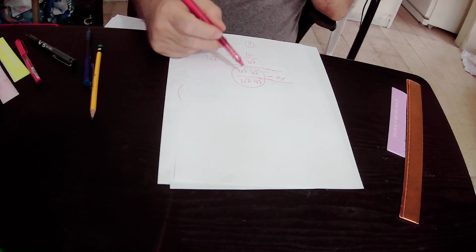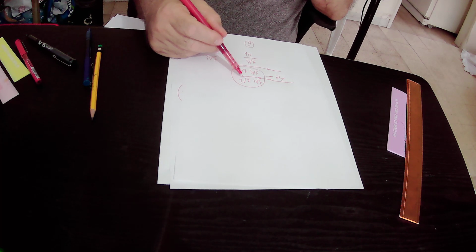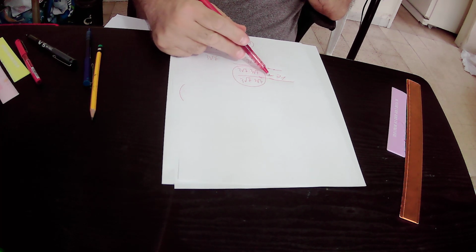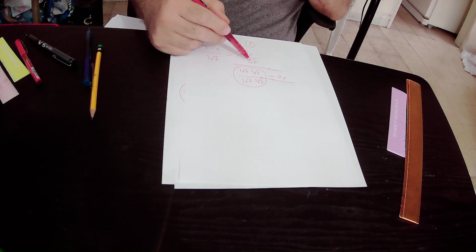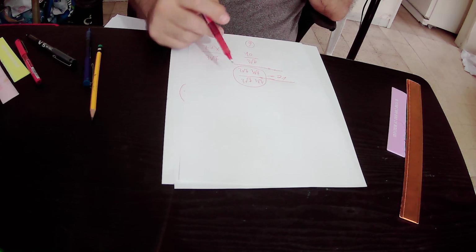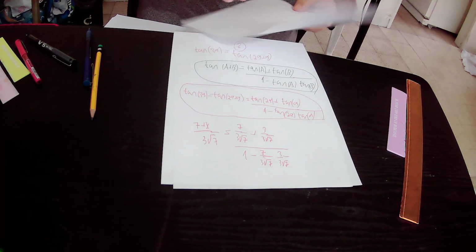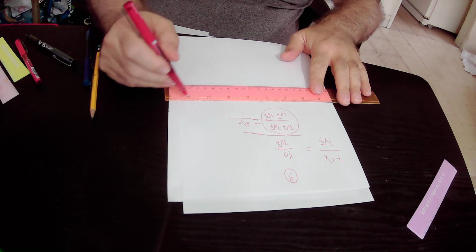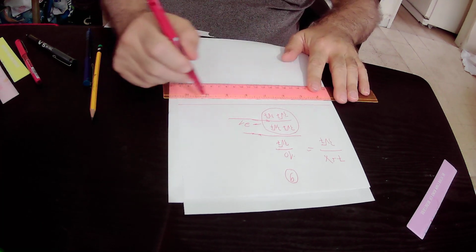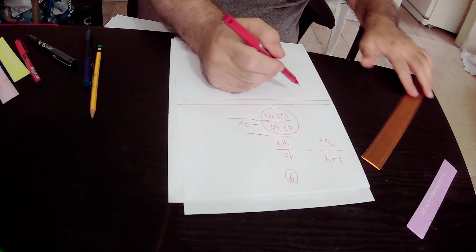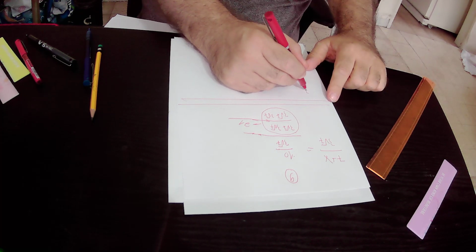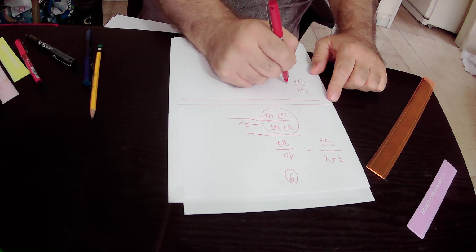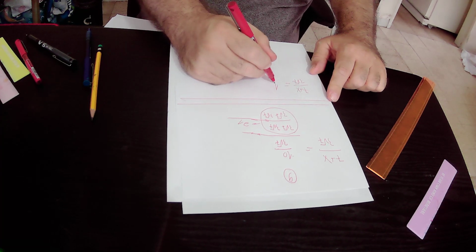Here we will move this expression to the numerator, and we will move this expression to the denominator. And we will get that 7 plus x over 3 times root 7 equals 10.